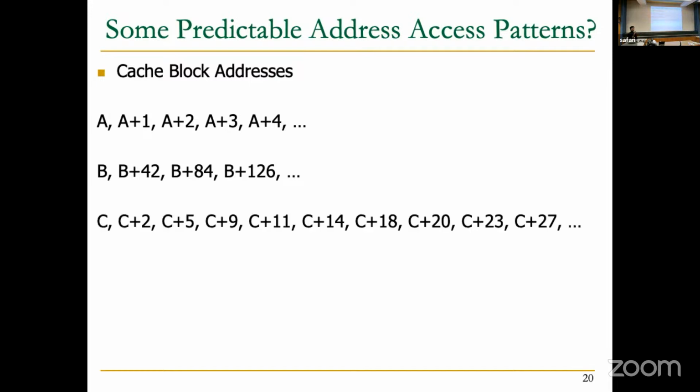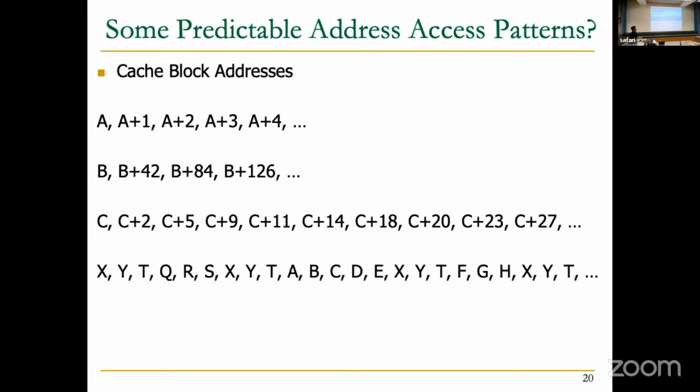But life is not always that easy. We can have more complex access patterns like this. It might seem a bit more random, but as we go further, you can start extracting patterns out of this also. And then there are some patterns which simply seem irregular, right? But if you look closely, you can still find some sort of patterns. Let's say in this case, X, Y, T always appear together.